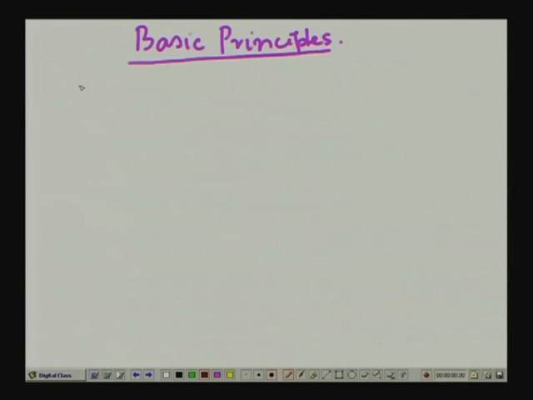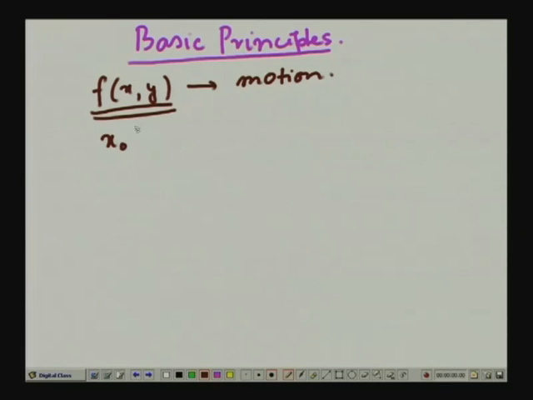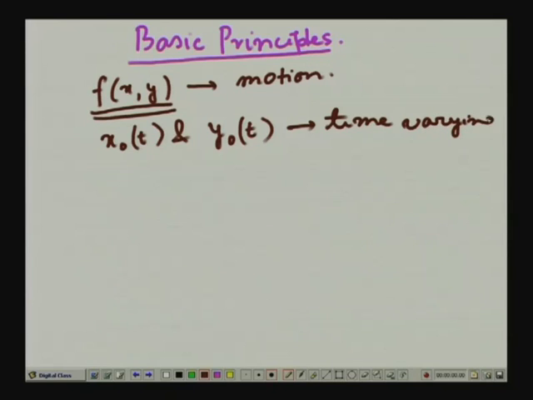Here we assume that the image f(x,y) undergoes motion, and when f(x,y) undergoes motion, there will be some moving component. So I assume two components, x0(t) and y0(t), which are the time varying components along the x direction and y direction respectively.